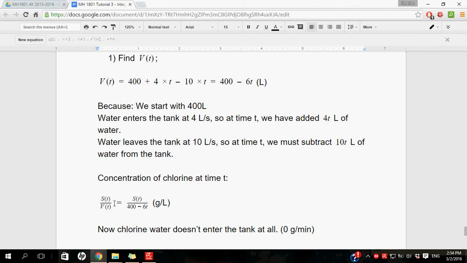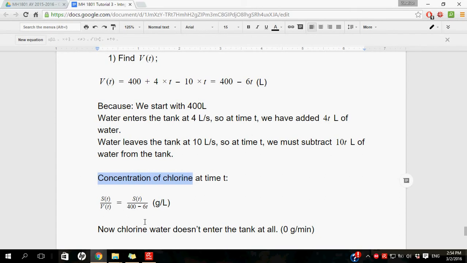This is given by S of t divided by V of t. Again, observe that the units make sense in this situation as well. Grams for S, liters for V. This measures, as a function, the concentration of chlorine in the tank at time t.